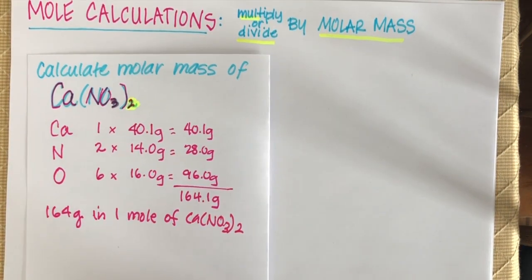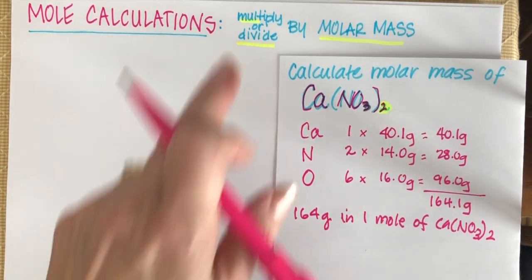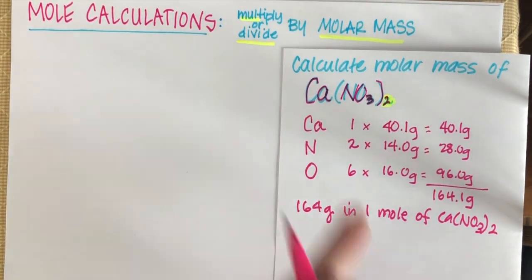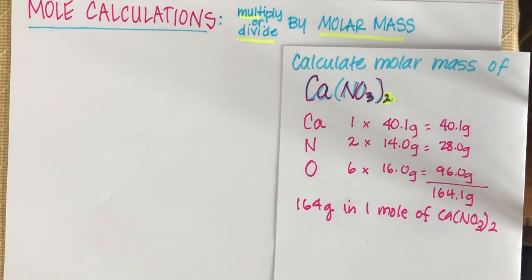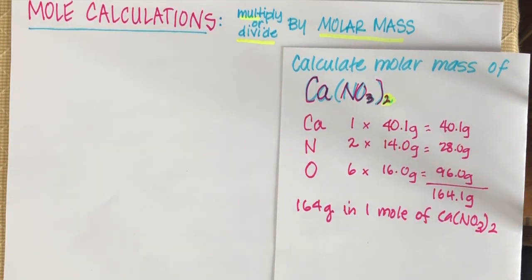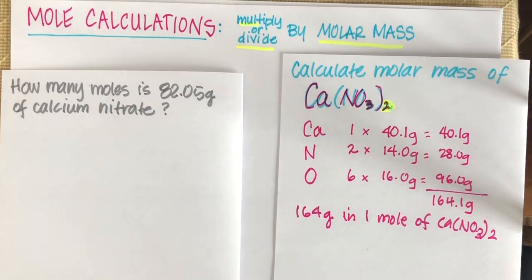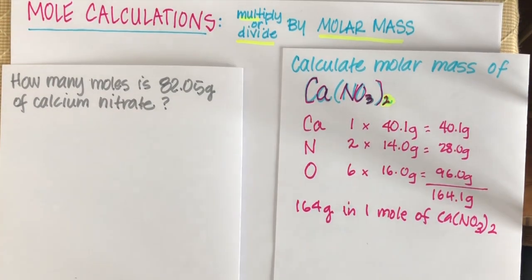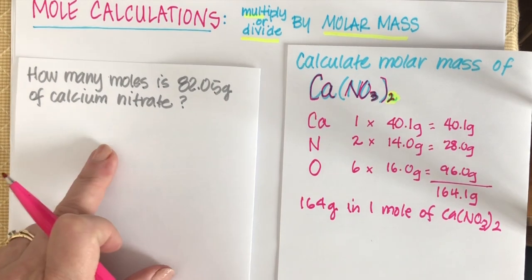This is great because we're going to use this. We're either going to multiply that number or we're going to divide that number, depending on what the problem asks us for. Let's do the first problem. How many moles is 82.05 grams of calcium nitrate?